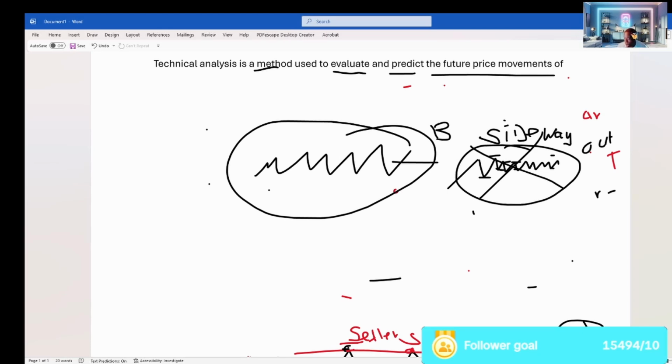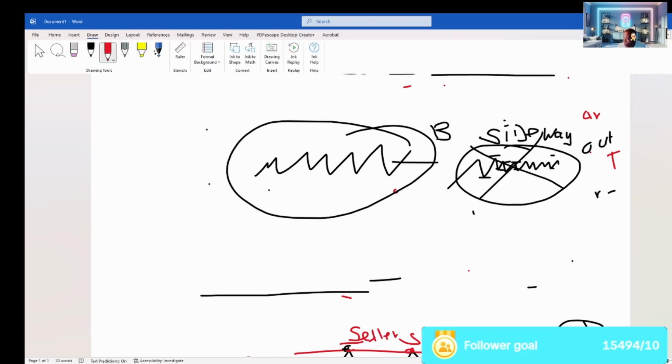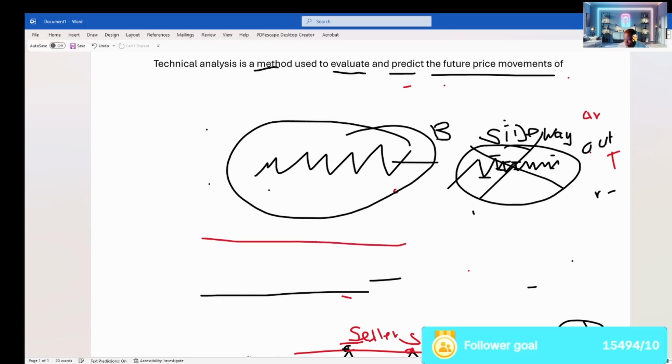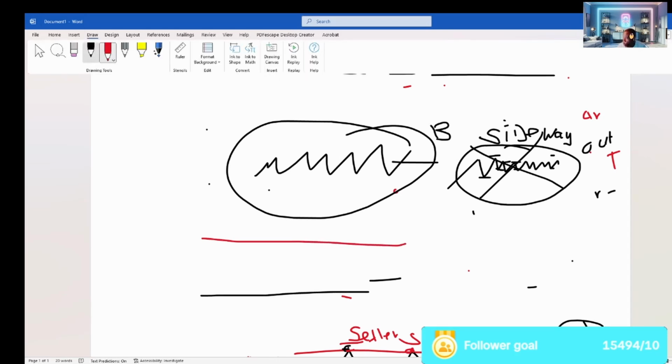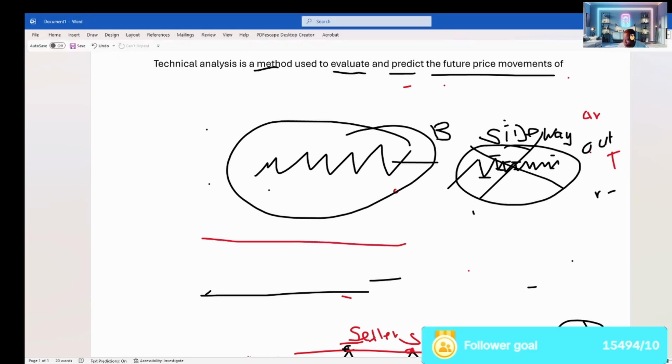The best time to buy is at support, and then you sell at the resistance. So you buy here, that's a place to buy, and then it moves back up and you sell at your resistance again.